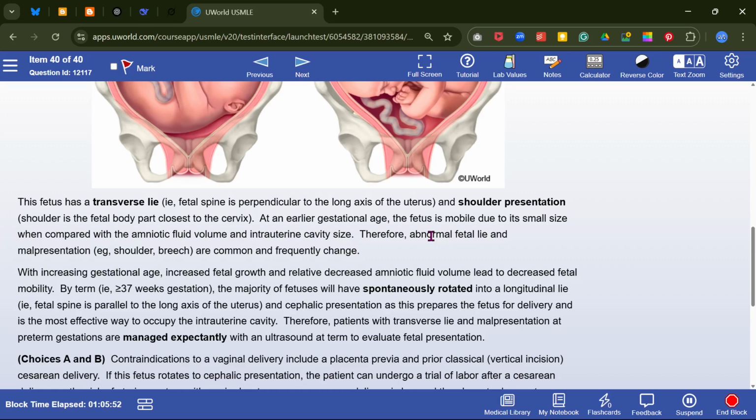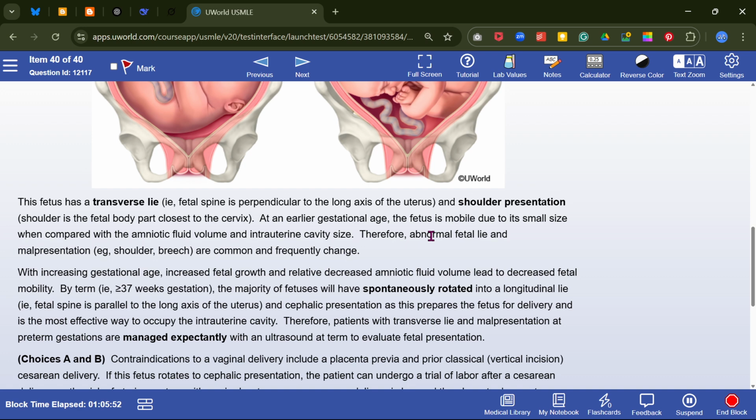These abnormal fetal lies and malpresentations are common and frequently change. With increasing gestational age, increasing fetal growth, and relative decrease in amniotic fluid volume, there is decreased fetal mobility.